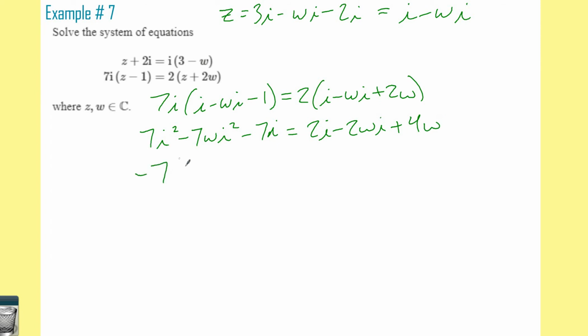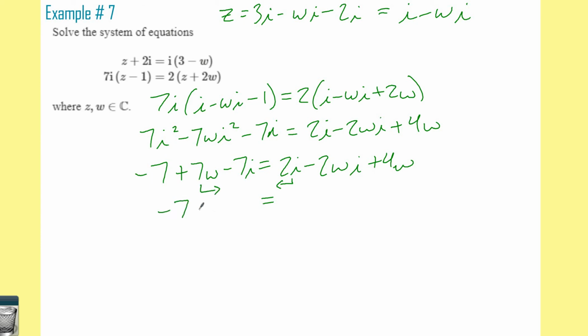So negative 7 plus 7w minus 7i. Let's see, what can I combine? Nothing over here, I guess. This turned out to be more work than I wanted, but that's all right. I'm going to get all my w's on one side and move my i to the other side. So move that 2i over and move that w over.